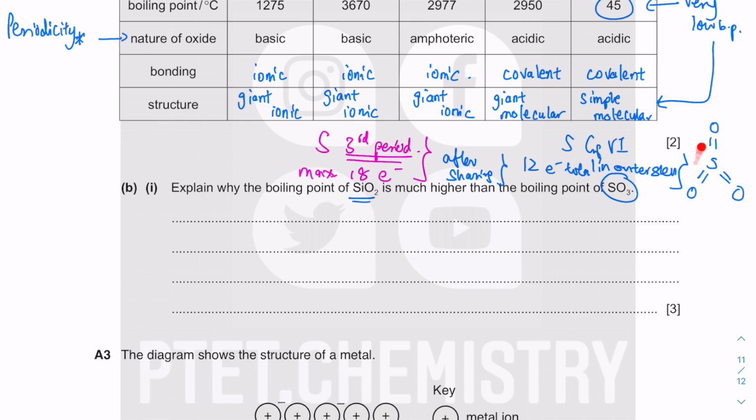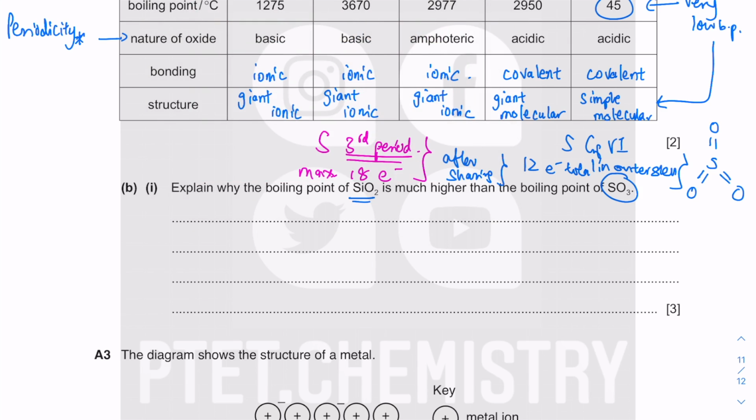The second period will never be able to do this, because up to the second shell only 8 electrons. The third period is the third shell, which can accommodate up to 18 electrons. So sulfur is in the third period, and it uses all 6 valence electrons for bonding. So it's perfectly legit. Going from here, the displayed formula is correct, and you can get the dot and cross easily.